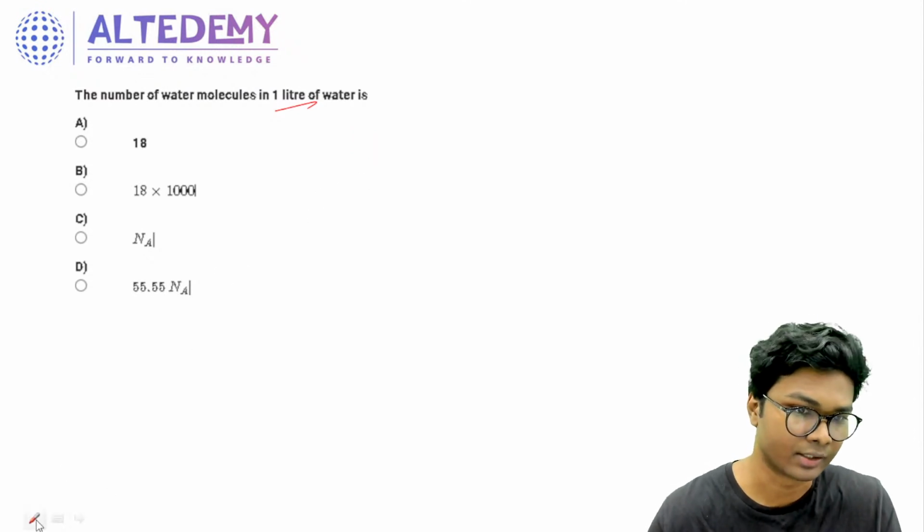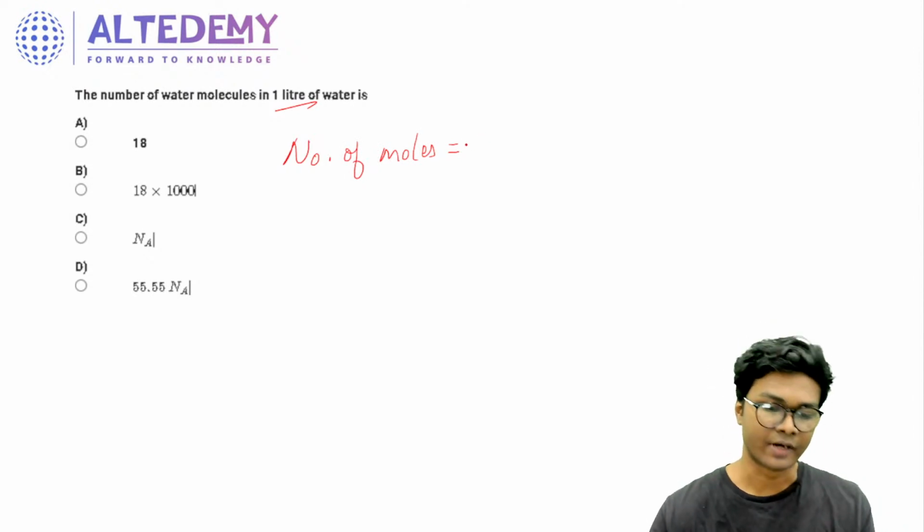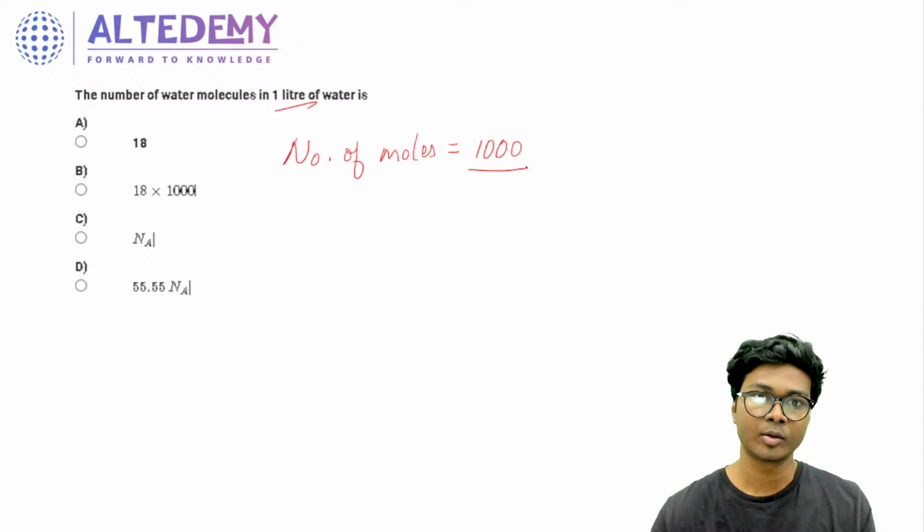Let me write it a little bigger. Number of moles. To find the number of moles, we'll have to divide the given quantity by the molecular mass, and molecular mass, as we know, of H2O is 18.